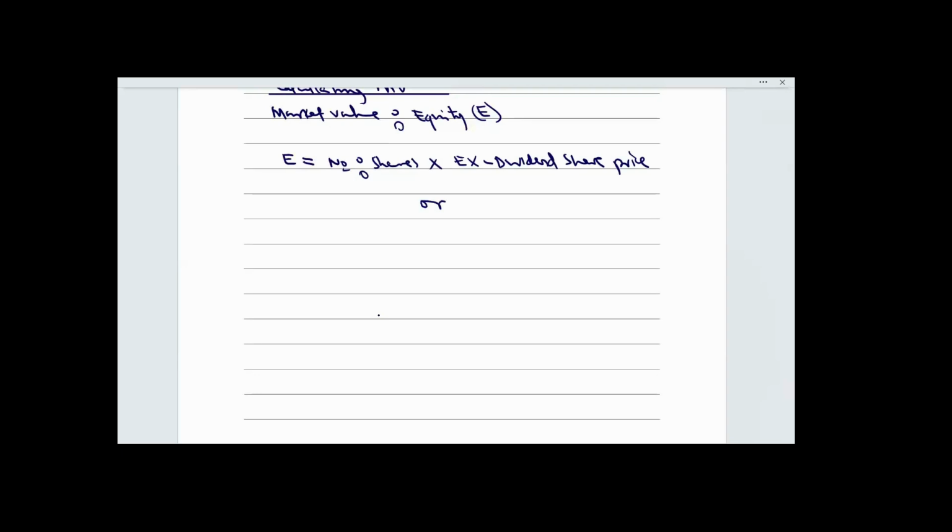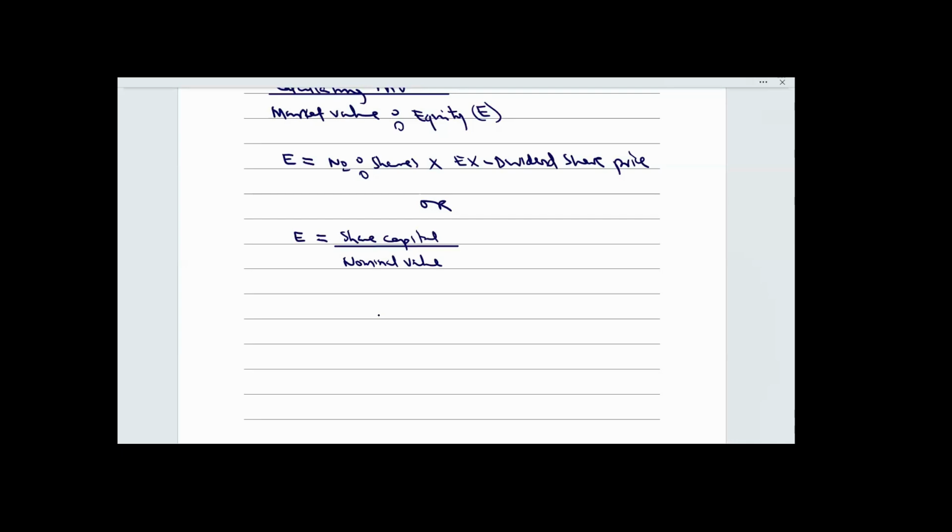Or, if in the question you are not given the number of shares, then you can use share capital to get your number of shares. Therefore, I can also calculate equity value as share capital divided by the nominal value per share.